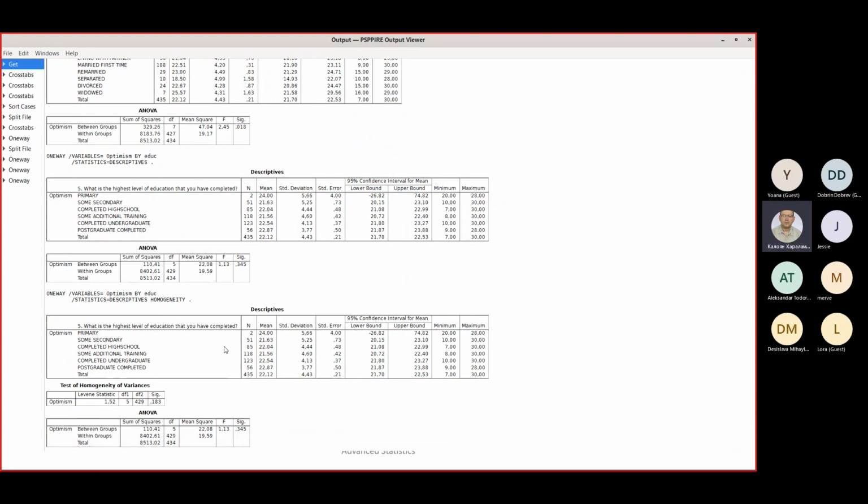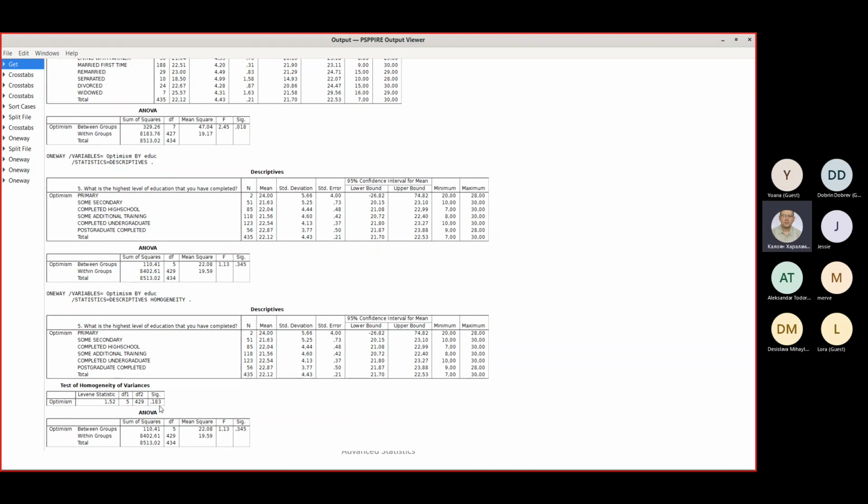And we have an additional table here for the test of homogeneity of variances. And again, there is a significance level. This significance level is 11.3%. This is larger than 5%, so we must accept the alternative hypothesis.